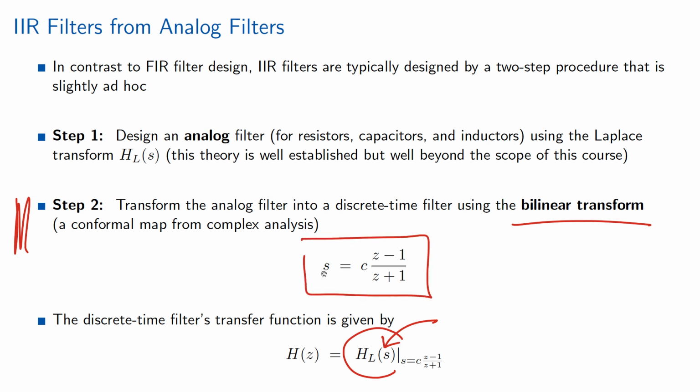For every s, we substitute c times (z minus 1) over (z plus 1). And it turns out that if the Laplace transform transfer function of the analog filter is a rational function of s, which is what happens when we design analog filters, we will get a rational transfer function for our discrete time filter H(z).